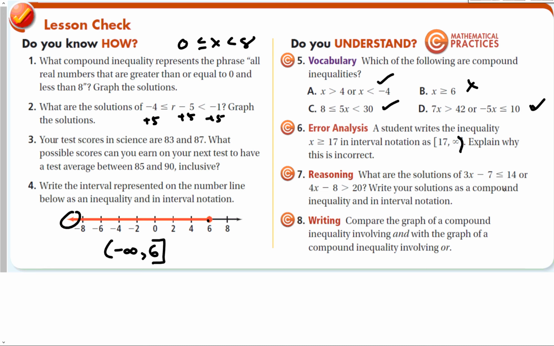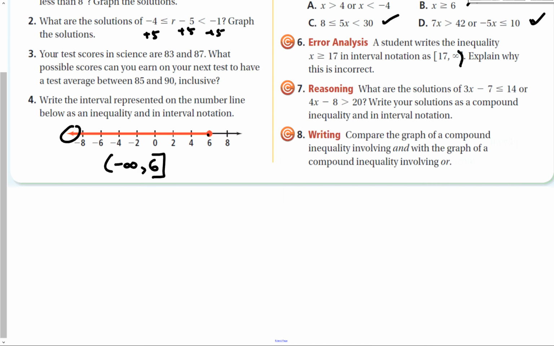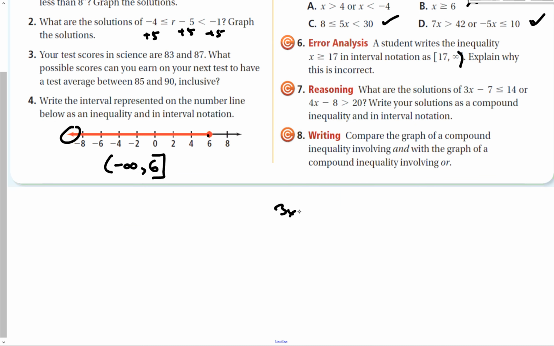What are the solutions of this inequality or this inequality? This is actually an interesting one. We have 3x minus 7 is less than or equal to 14, or 4x minus 8 is greater than 20.